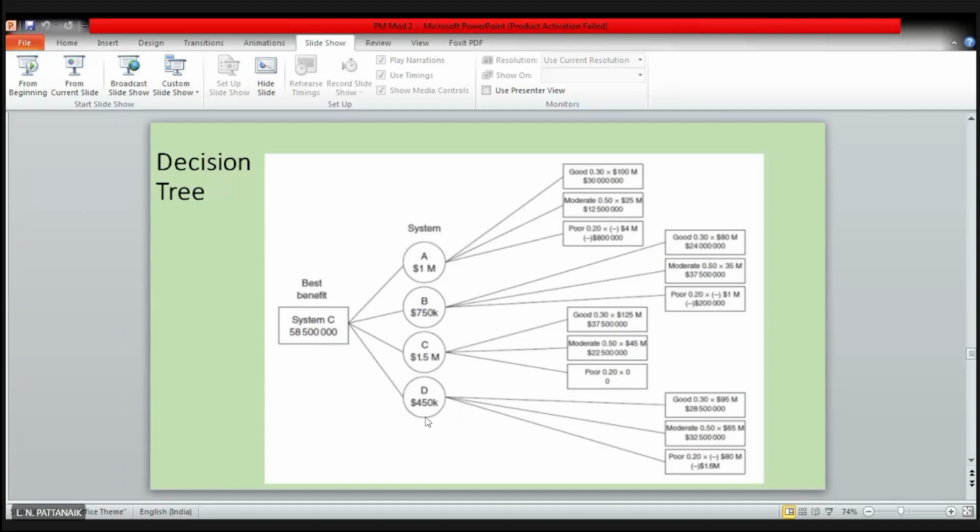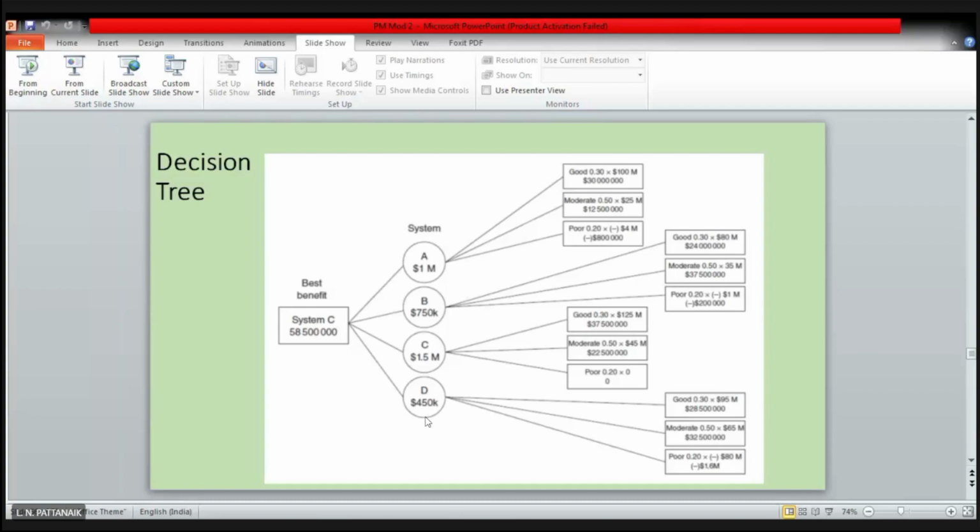So it depends whether you are focusing on benefit or you are focusing on cost, or it may be a combination of this. For example, in this example, it is a combination: there is positive and there is negative. If you are comparing all the things for cost, then all are obviously negative.